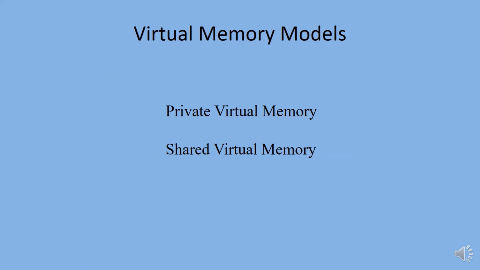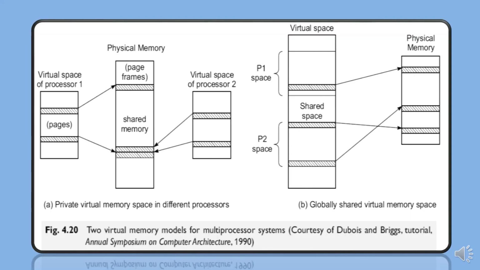The two virtual memory models are private virtual memory and shared virtual memory. The first model uses a private virtual memory space associated with each processor. Each private virtual space is divided into pages. Virtual pages from different virtual spaces are mapped into the same physical memory shared by all processors.